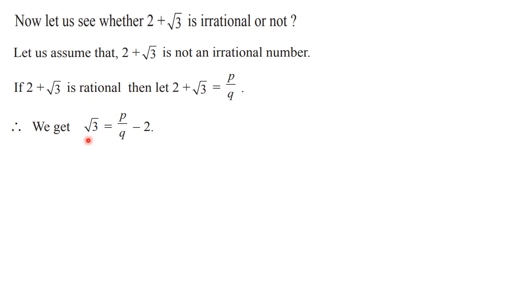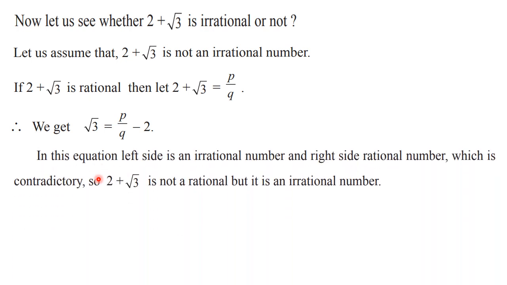You know that in an equation both sides have to be equal. So you have to write that the left hand side is an irrational number and the right side is a rational number, which is contradictory. It is not possible.